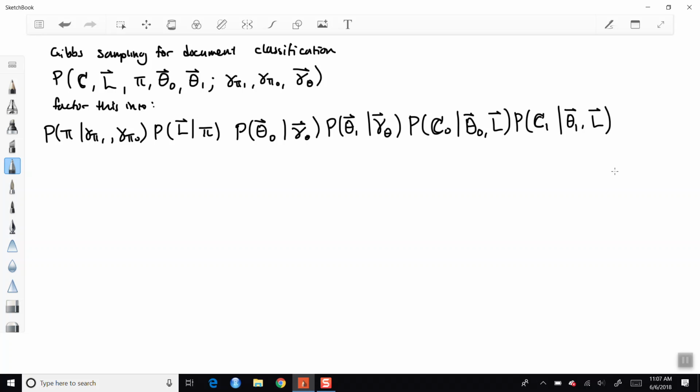Okay, and so we'll look at each of these pieces here. We'll start off and look at each piece.